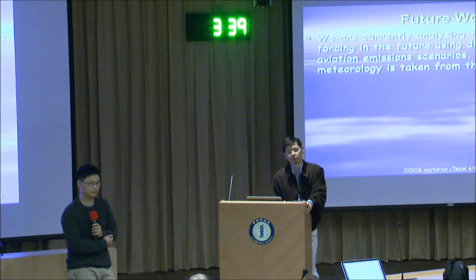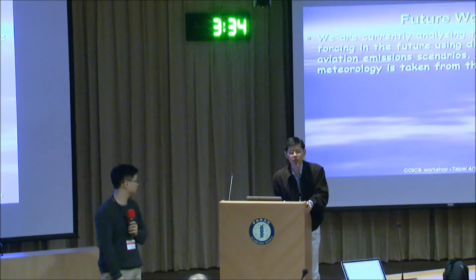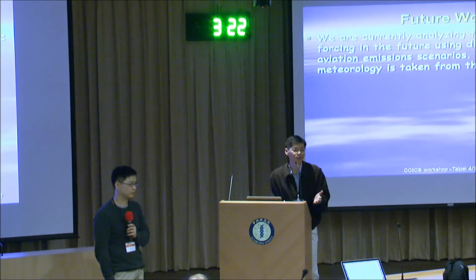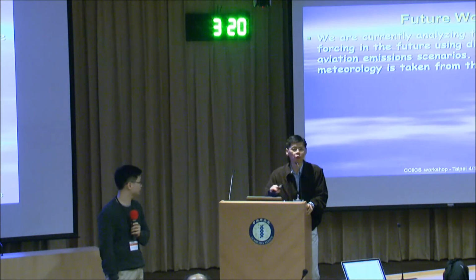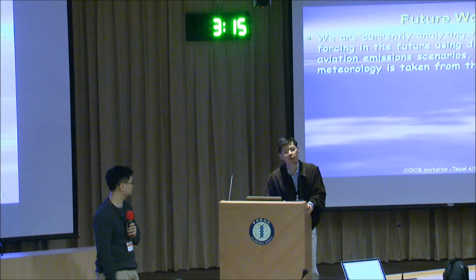But we did do a simulation just to look at the impact of aviation water vapor, meaning no contrail formation, and there's almost no impact, or at least it falls below the noise level. So there's always a limit to what you can pick up in a GCM.